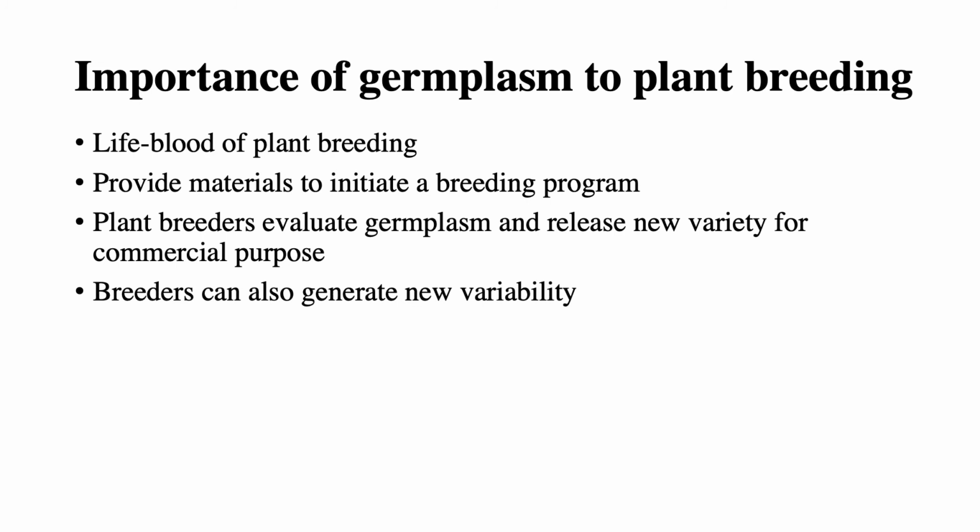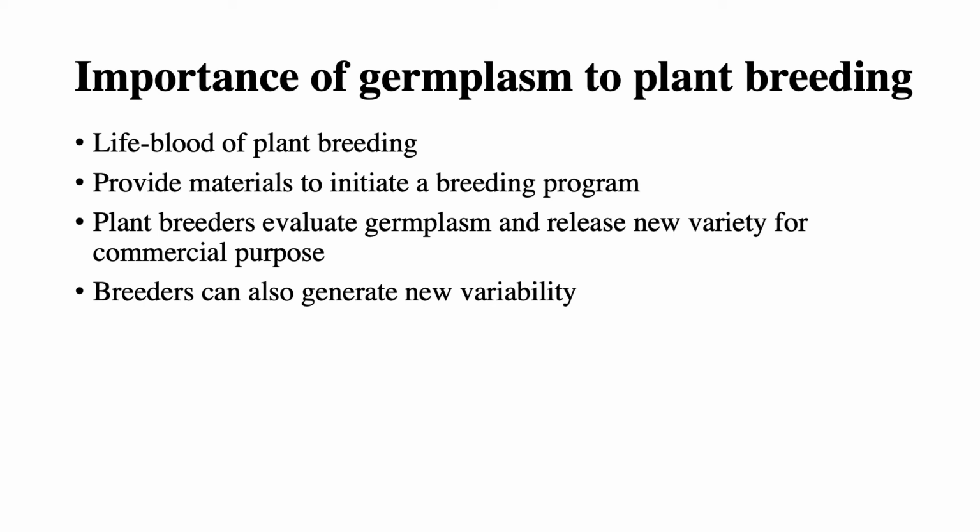But sometimes the breeders can also generate new variability by using a variety of methods such as crossing parents, mutagenesis, which includes induced mutation or spontaneous mutation, and more recently, gene transfer, or you can say genetic transformation.